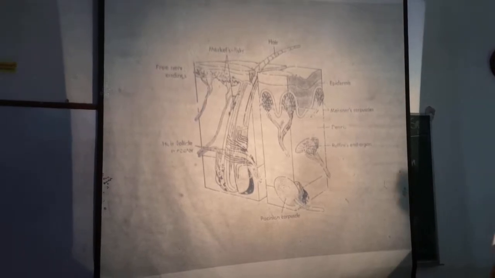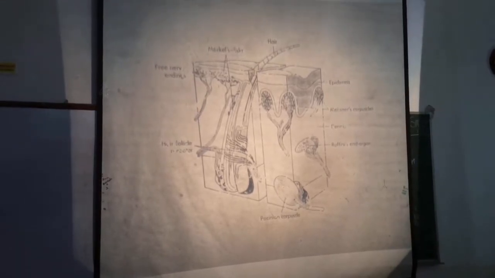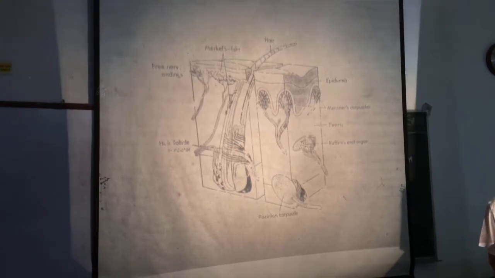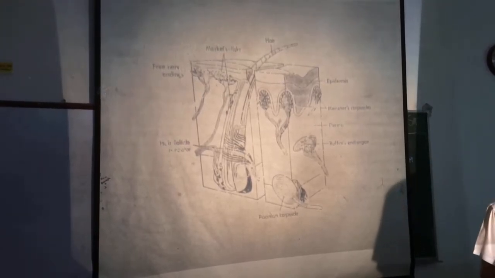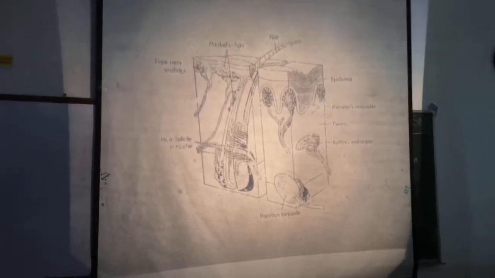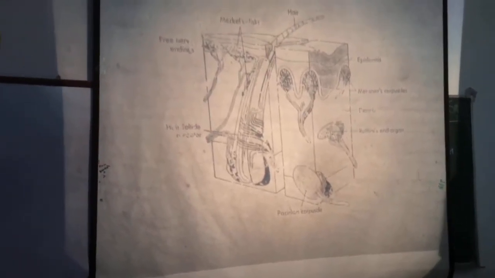These include A delta nerve fibers and C type of nerve fibers. So from free nerve endings, impulses may be carried by A delta nerve fibers and then C nerve fibers.